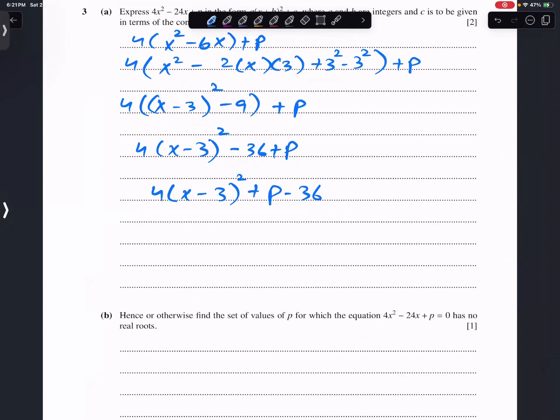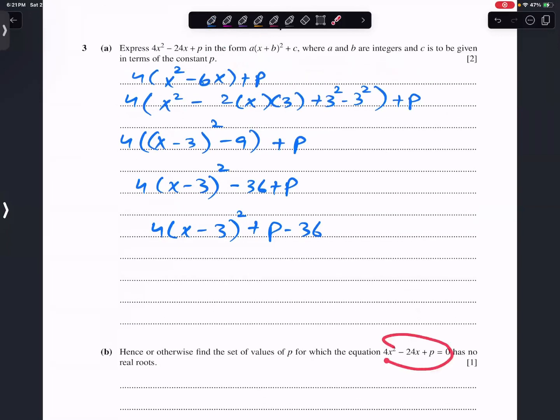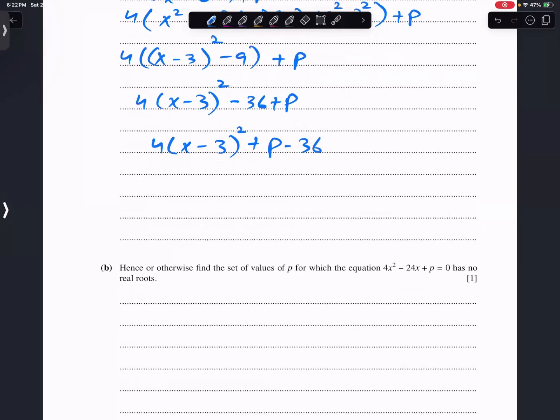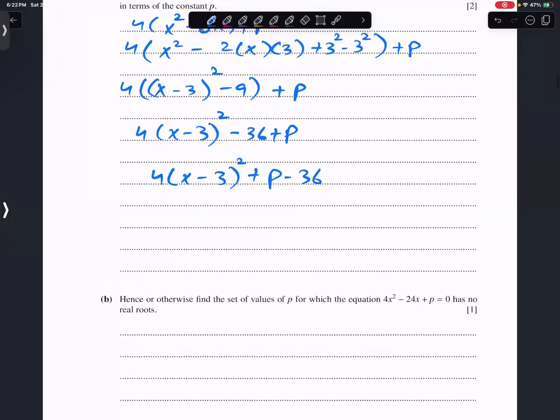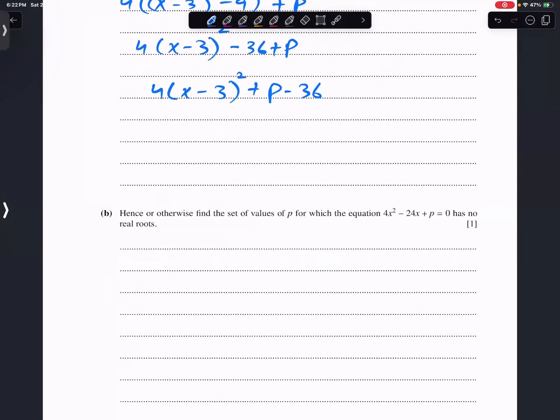Has no real roots. So students, you know that when some equation has no real roots, it means that its discriminant is less than 0. So b square minus 4ac is less than 0.